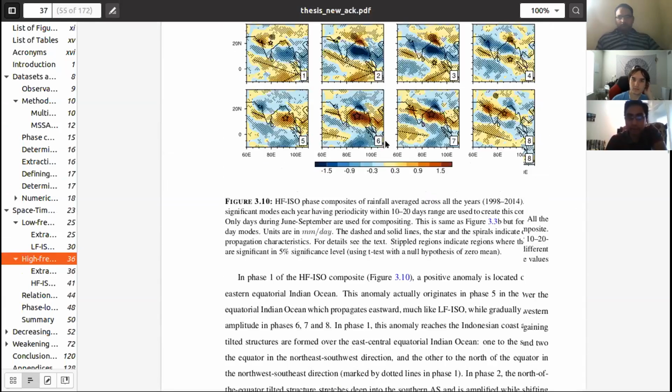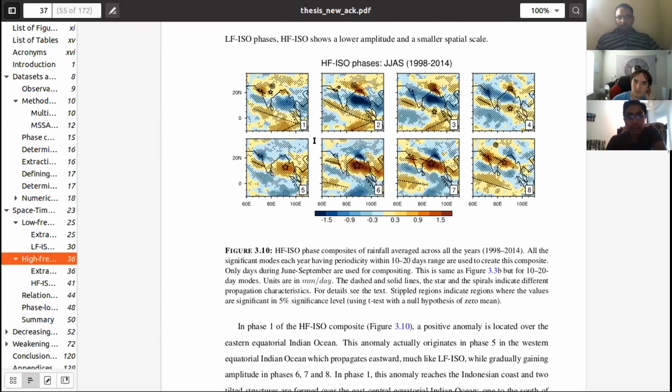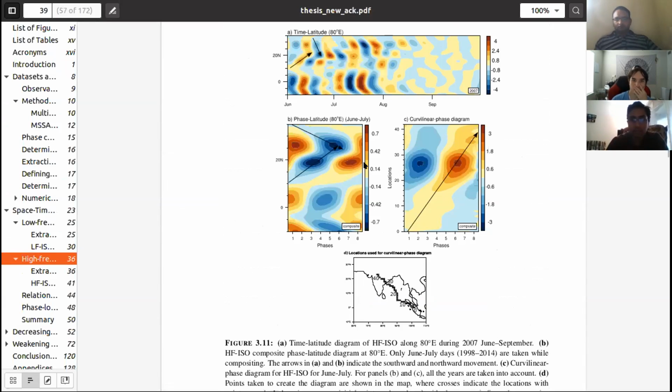I will show you some figures. So this is basically the westward propagation for high frequency ISOs. And it again shows some tilted structure over India. But again, if I plot some Hovmöller diagrams or lat-lon diagrams, it shows a westward propagation as well. I will show you one figure. If you see diagram C, this is basically a curvilinear phase diagram.